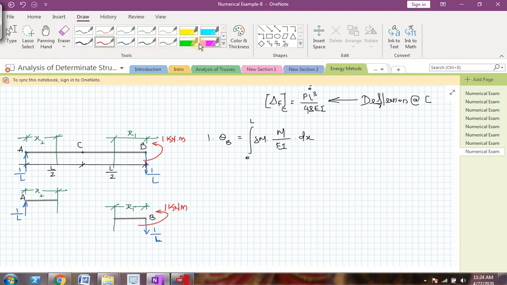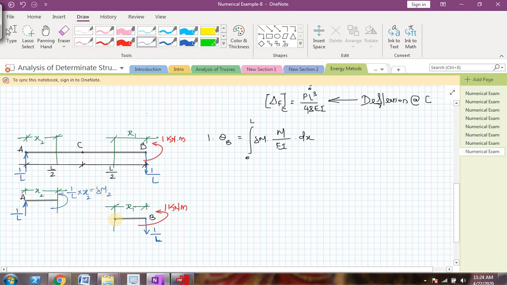So let me just draw that moment here. That will cause a sagging bending moment, so it will be 1 by L times x2. Let me call this, say, delta m2.